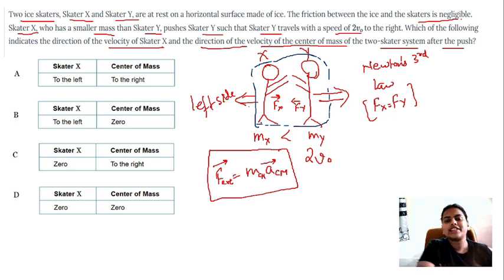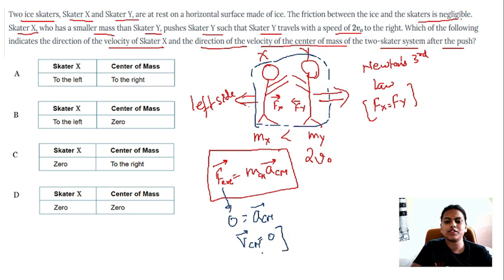Is any external agent applying force on these two skaters? No. So in this case the external force is 0. That's why the acceleration of the center of mass is 0. Thus the velocity of the center of mass would be 0.